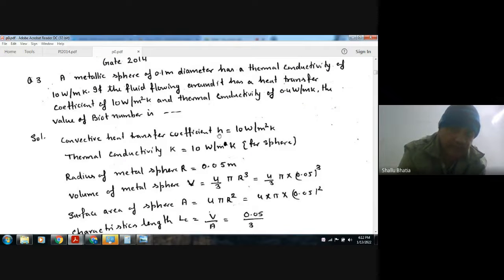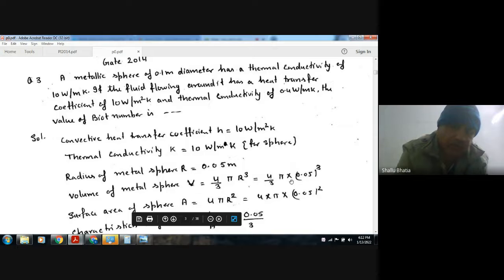Here h, the heat transfer coefficient, is 10 watt per meter square per degree, and the thermal conductivity of the metallic sphere is 10 watt per meter per Kelvin. The diameter of the sphere is 0.1 meter, so the radius comes out as 0.05 meter. The volume of the sphere is 4 by 3 pi r cube.